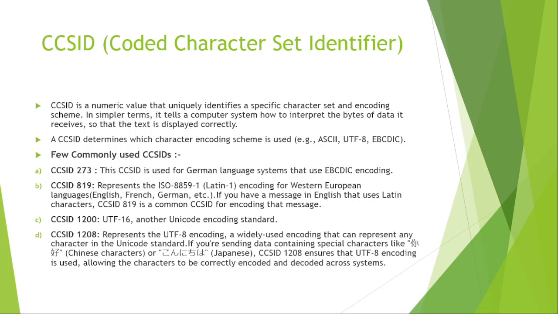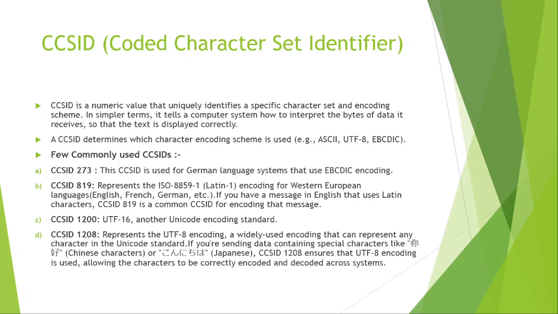All things are allowed, but there can be a further division where I want to allow only the English language, or only German, or only Latin. All this further division happens with the help of CCSID. So with the help of CCSID, we can restrict all these things.